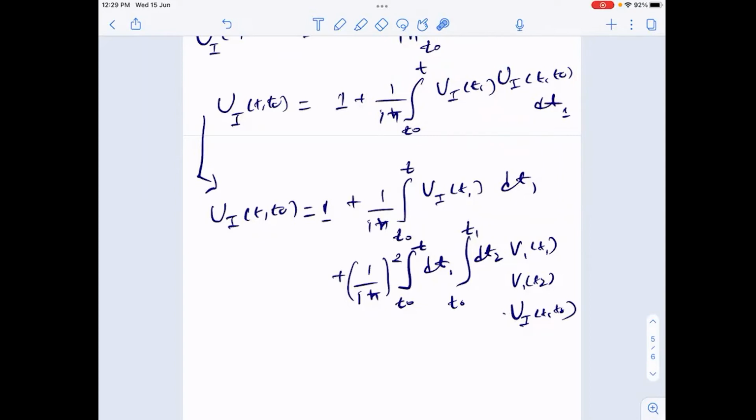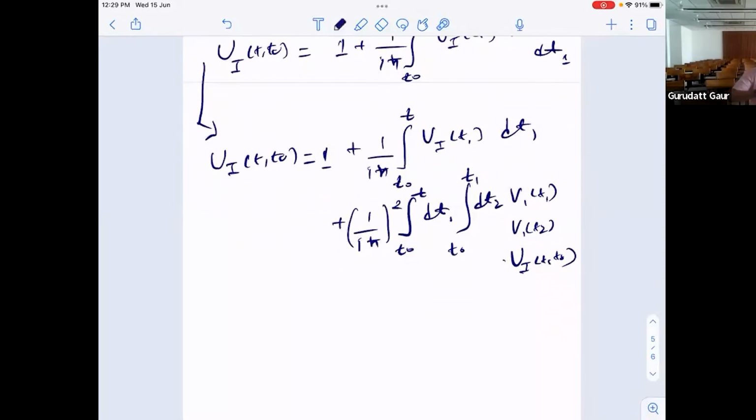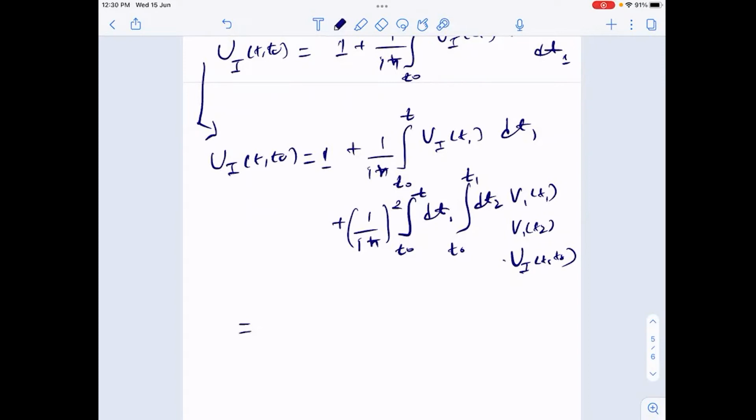So T1 and T2 are simply for the sake of understanding the terms. Here, this T1 and T2 I'm talking about. Correct. So what happens next?